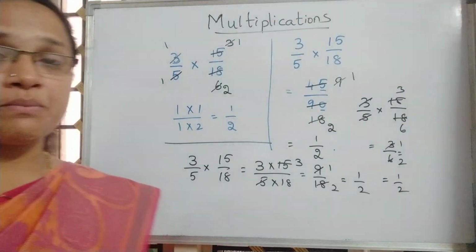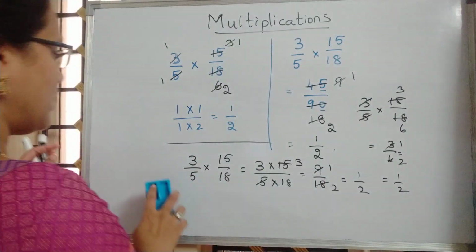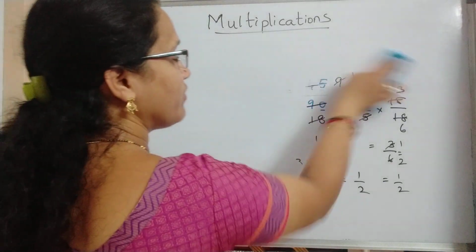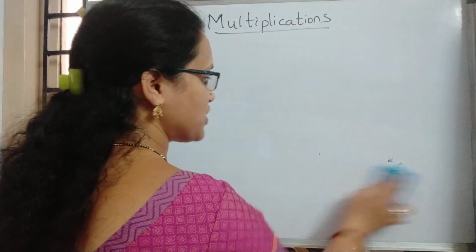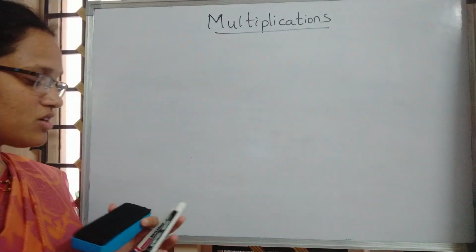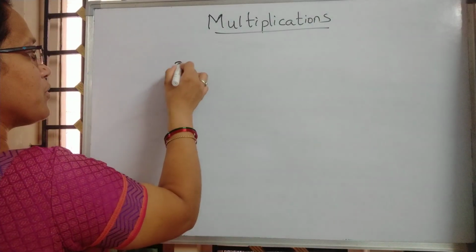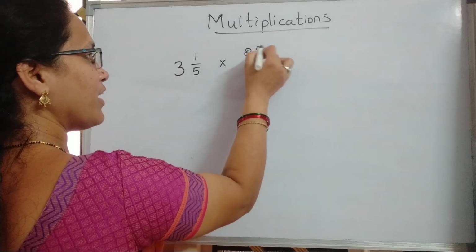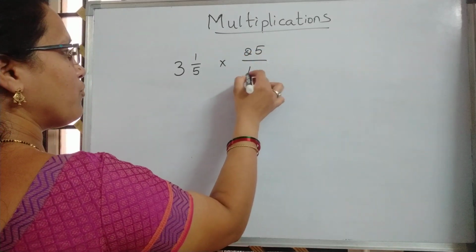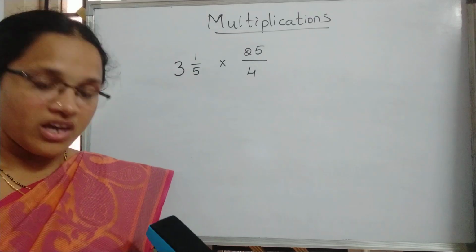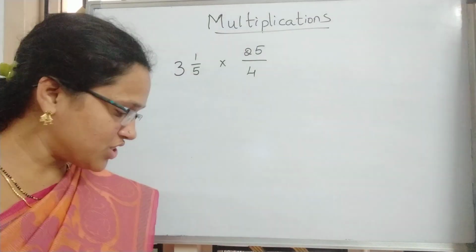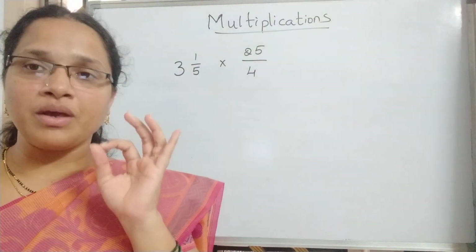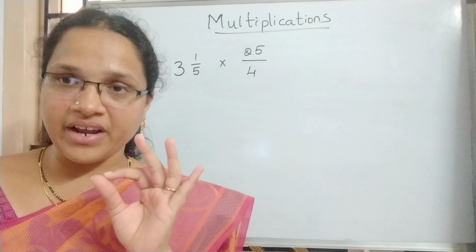Now coming to the second method, if the fractions are given as mixed fractions, how should we do it? Suppose 3 1 by 5 times 25 by 4. If this is the question given, initially you have to convert the mixed fraction to an improper fraction.